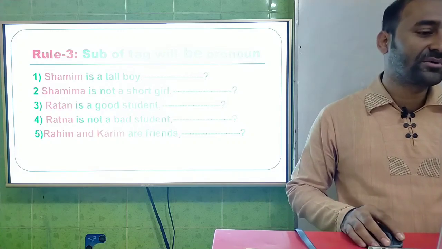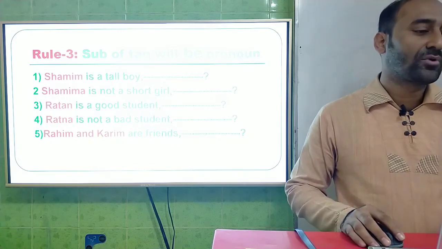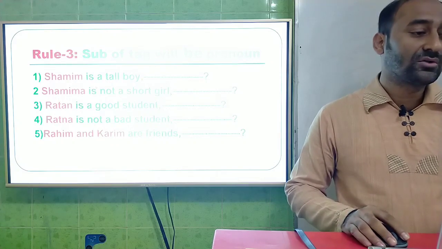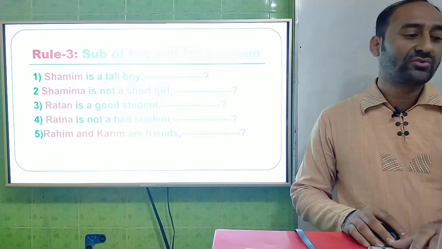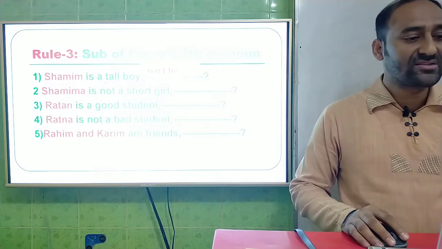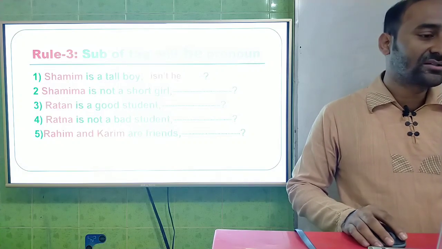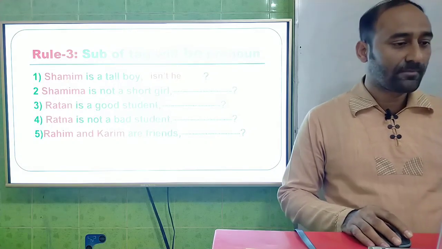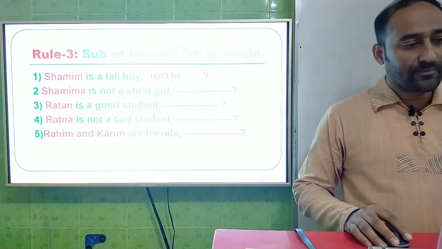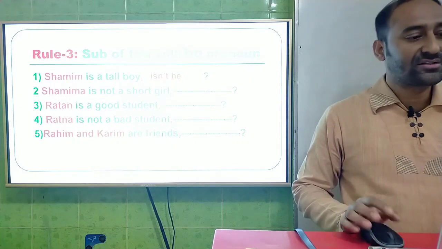So is will come here, and then the pronoun of Shamim will come. As the sentence is affirmative, the tag question will be negative. So is will come in negative form, isn't, and he has come instead of Shamim, as Shamim is a male person, and this is the answer: isn't he.